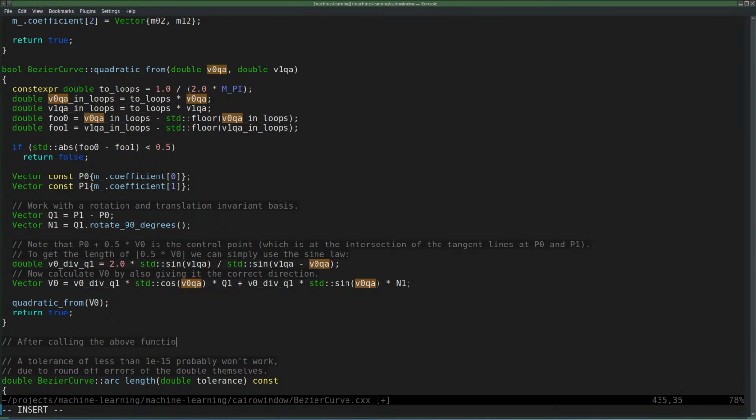After calling the above function, this function could be called to redo the calculation of the v0 x coordinate.